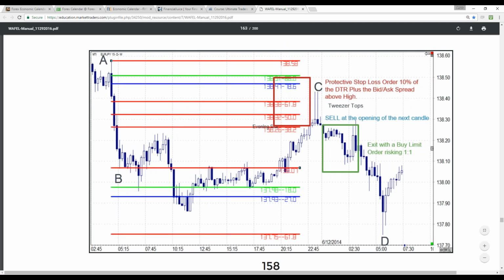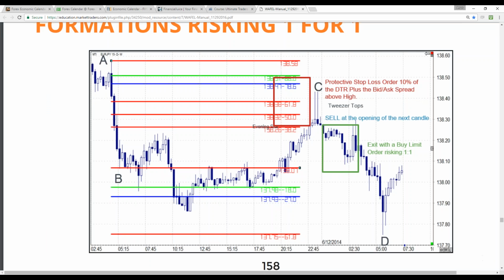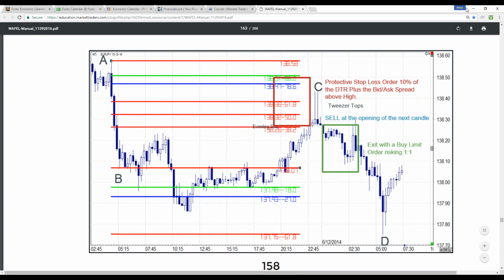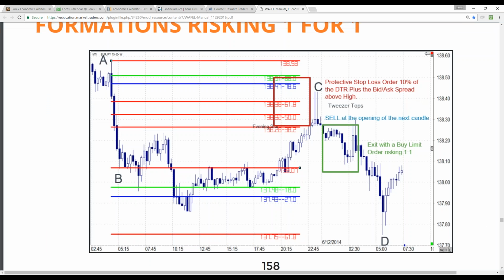Because a pair that moves 7 pips a day, it's not very much worth trading, I think. So I would do this. Try to erase it, take it off, and apply it again, and see if it looks better.